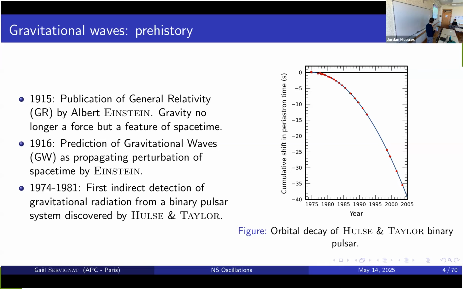But then a few decades later, the astrophysicists Hulse and Taylor see in the sky a binary system. I wrote that it's a pulsar, but at this time they didn't know yet. They measure the orbital period of this binary system, and they realize that this period is decreasing by approximately 76 microseconds per year.